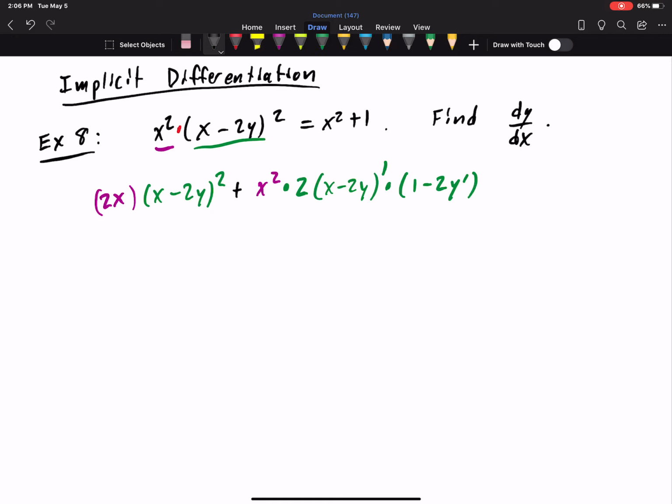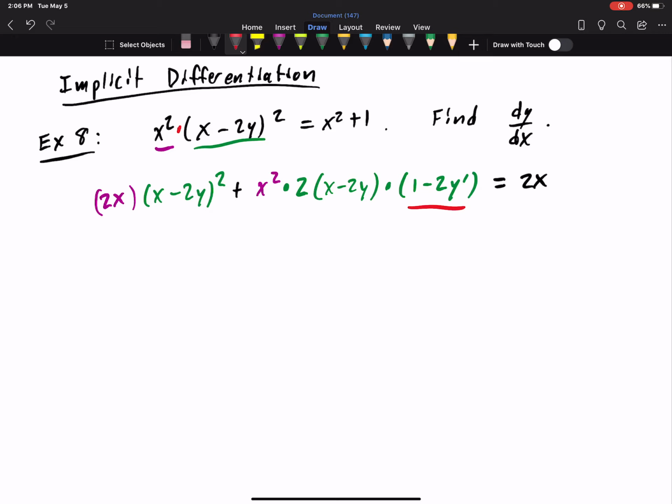On the right-hand side, that derivative is very easy. It's just 2x. The next part of the strategy is to get all your y prime stuff by itself. Notice that we have this y prime locked inside this parentheses. One option is to FOIL out all of this stuff, but I do not recommend this.